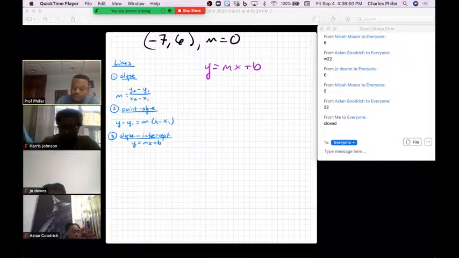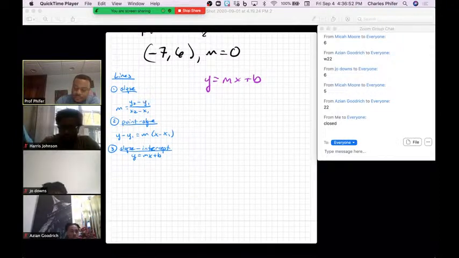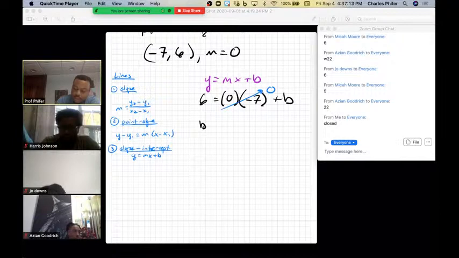Okay, let's plug in what we have. The slope is 0, which helps out tremendously. There's nothing really to calculate here. The x value is -7, we don't know b, and the y value is 6. Notice this goes to 0, so that means our b is 6.